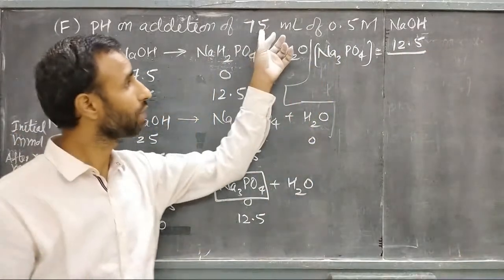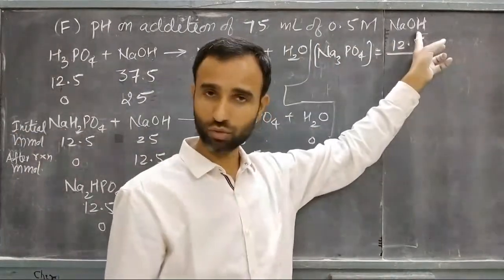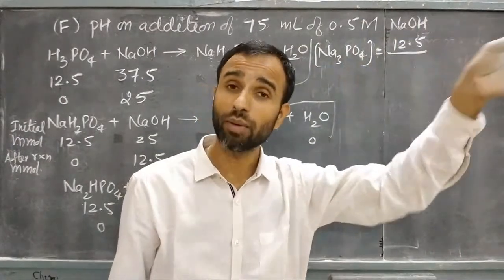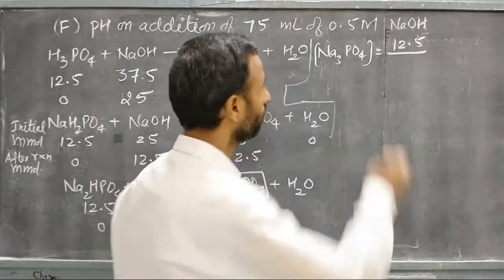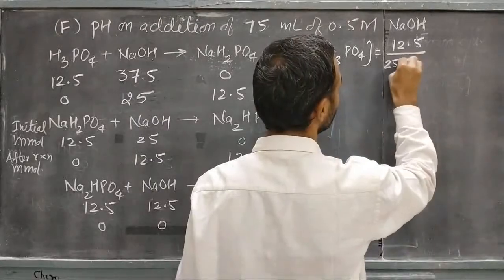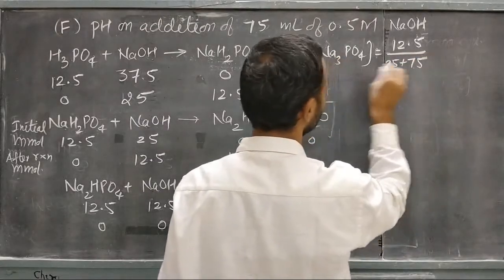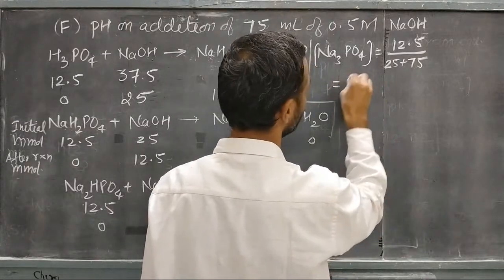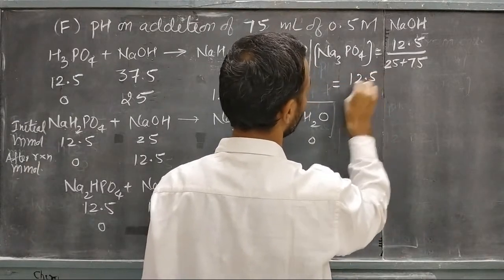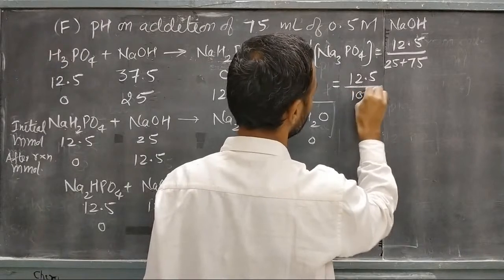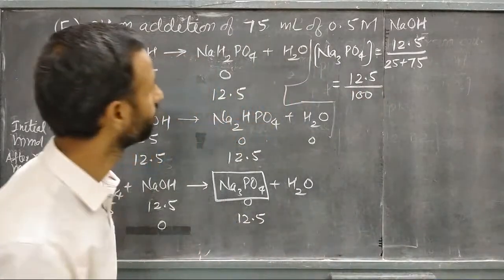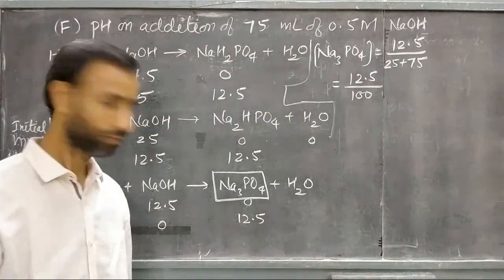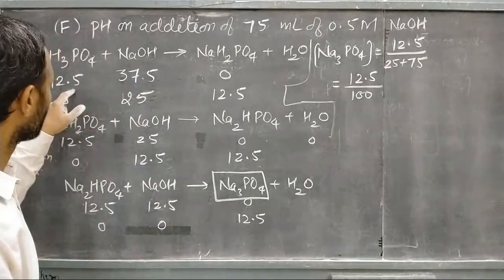See, 75 ml of sodium hydroxide and 25 ml phosphoric acid, so total volume is 25 plus 75. Okay, so that is 12.5 over 100. Am I right?